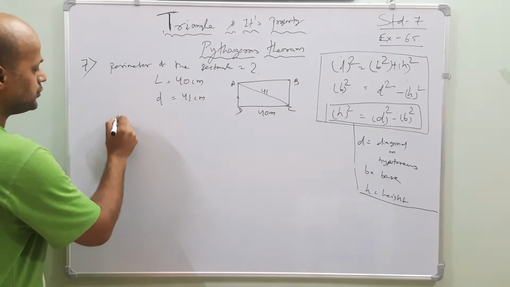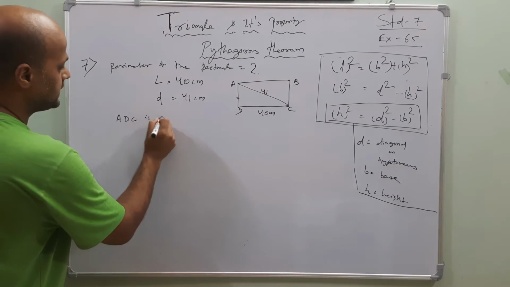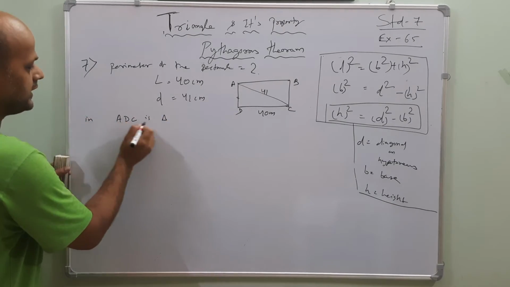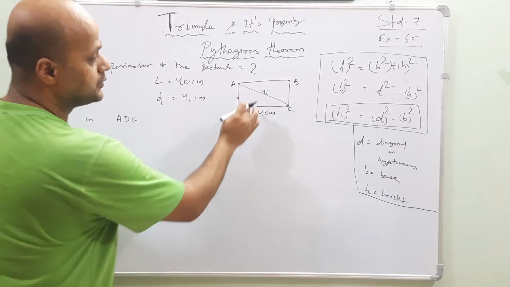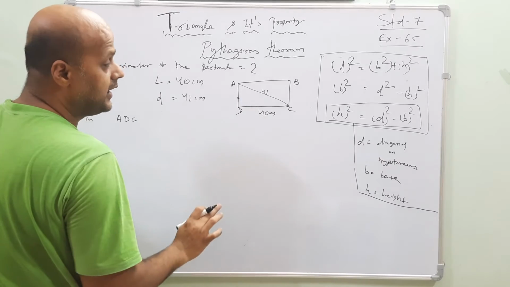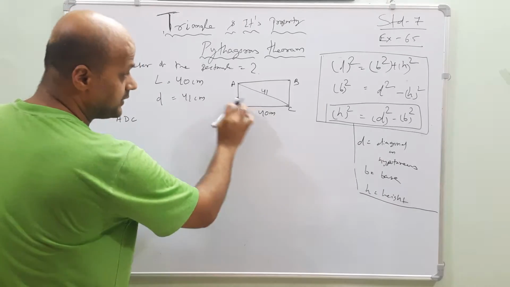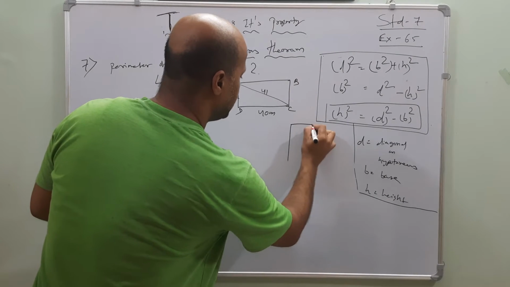You know that ADC is a triangle. You have to write in triangle ADC. Diagonal is given and length is given, height or base is asked. If you turn the figure like this, it changes like this.